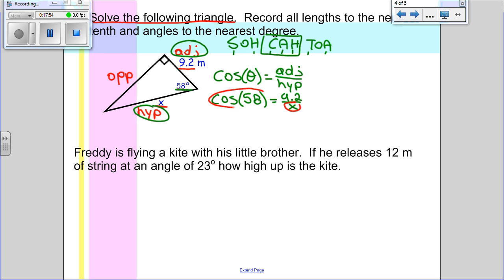So x equals 9.2 divided by cos of 58. If you punch it in your calculator, 9.2 divided by cos of 58, you'll find that x equals 17.4. And I'm just going to put that up here so we remember.